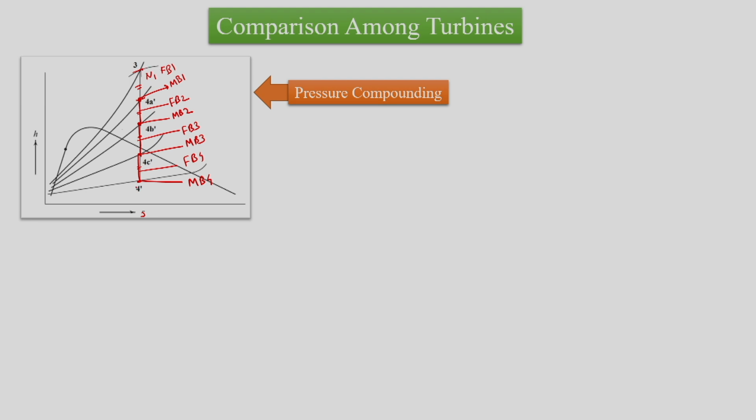So, this is the complete expansion in the turbine which is a 4 stage turbine in case of pressure compounding.